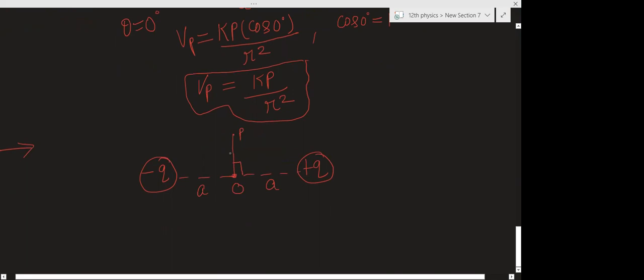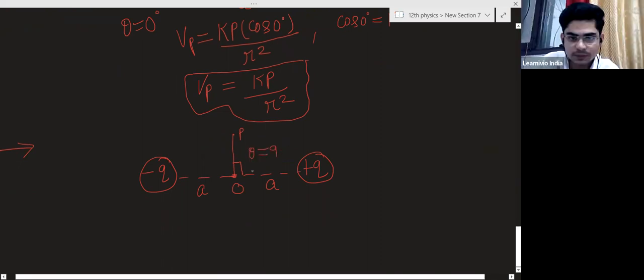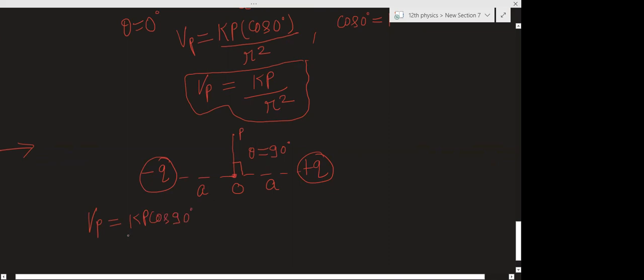So here what will be the value of theta? Here theta is equal to 90 degree. So I am putting theta as 90 degree, and we will use the same formula, Vp equal to Kp cos 90 degree divided by r square. Cos 90 is zero, so V is equal to zero. Very good.